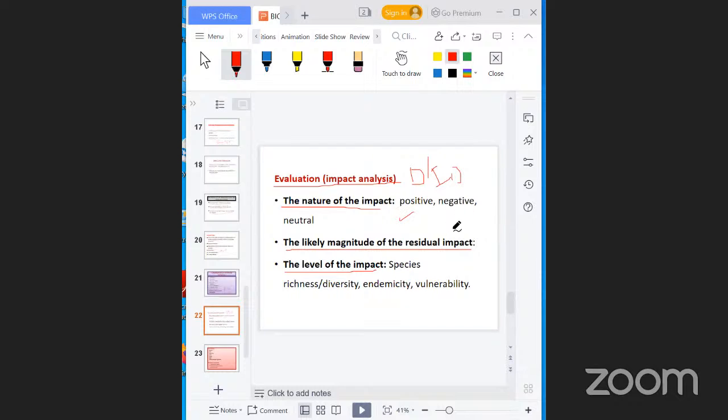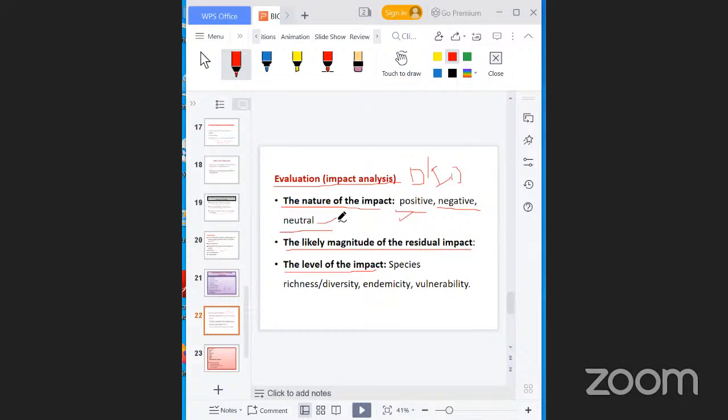So the type of impact is positive, which is enhancing biodiversity, negative, which is causing biodiversity loss, or neutral, which is causing no net change, right?